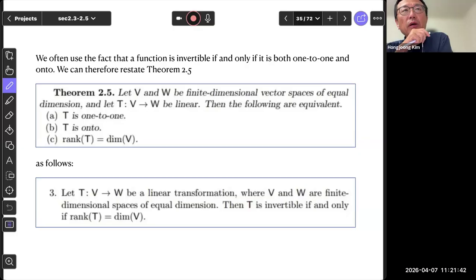Theorem 2.5 says if V and W are finite dimensional vector spaces and T is a linear mapping, then in theorem 2.5 we consider the following. If T is 1 to 1, then T is onto, then the rank of T will be the same as the dimension of the domain, right?